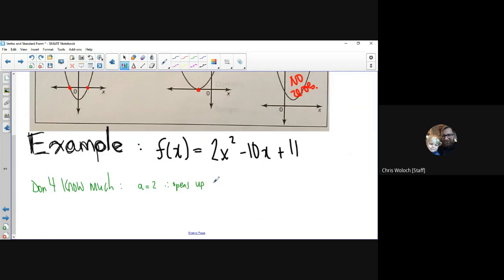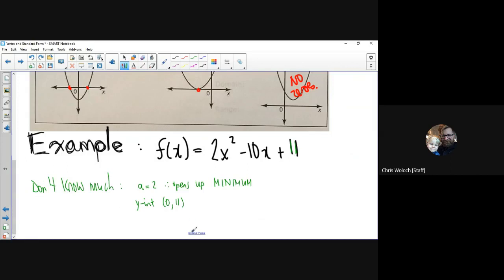So if it opens up, then I know it's a minimum. And we know the y-intercept is (0, 11), because again, this 11 here is the y-intercept.